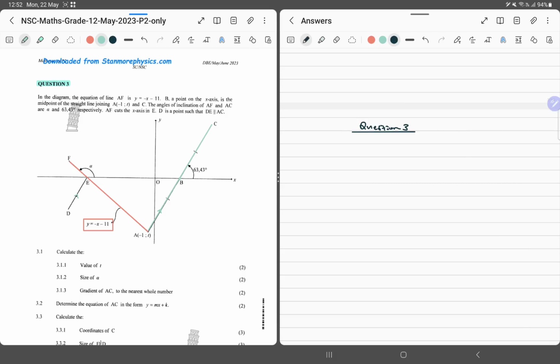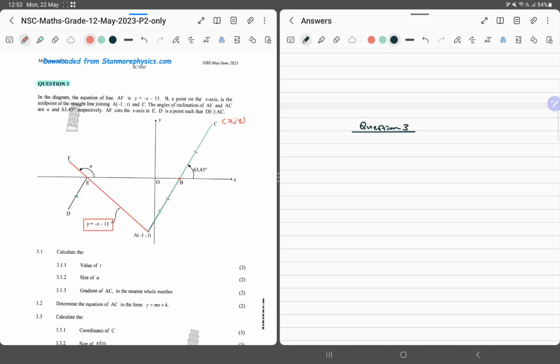So we can see that that is what we are told. Maybe let's mark it differently so that we don't miss it. And then what is the next story? A is (-1; t), which is fine. And then C, we don't know the coordinates there, so this is just (x; y).